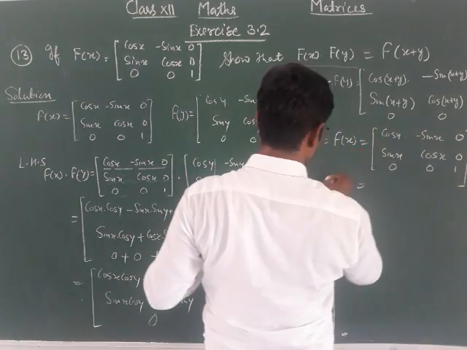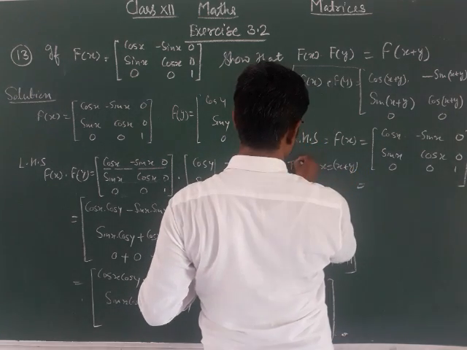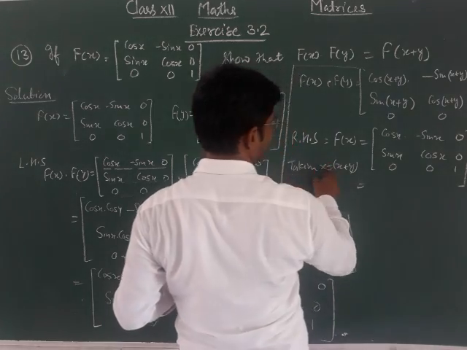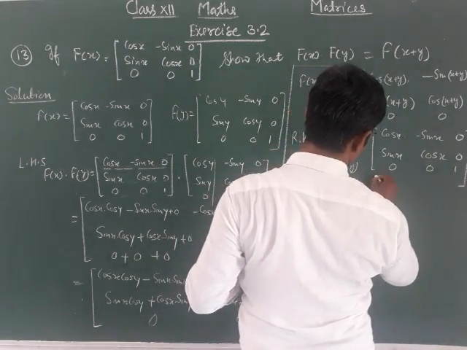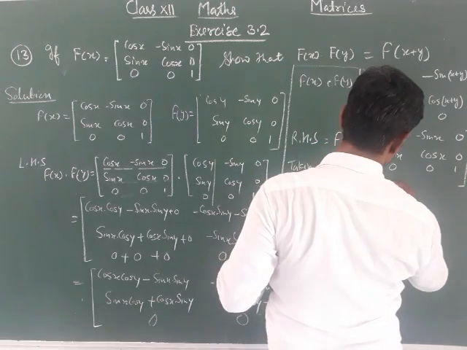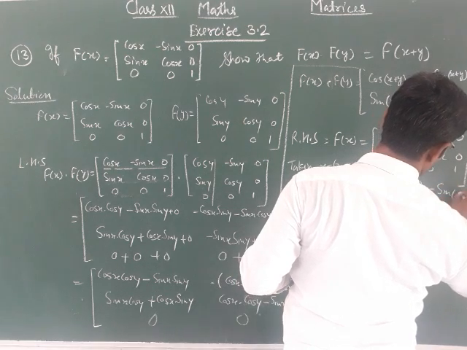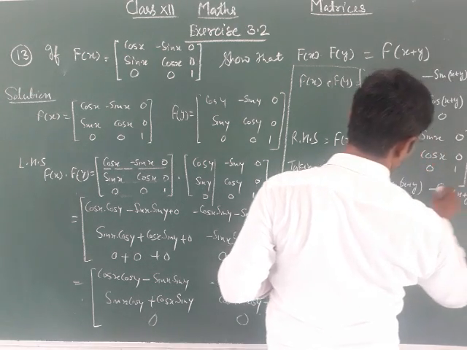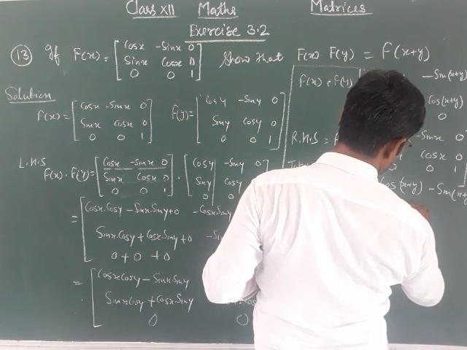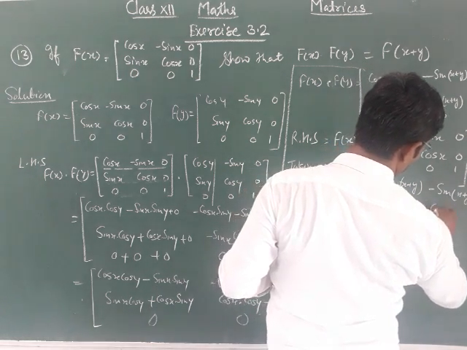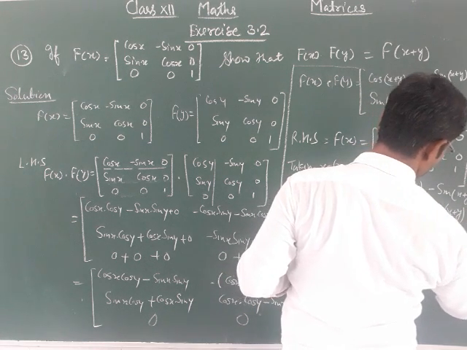So now in place of x, taking x plus y, so f(x plus y) is equal to, now replacing x plus y, [cos(x plus y), -sin(x plus y), 0; sin(x plus y), cos(x plus y), 0; 0, 0, 1].